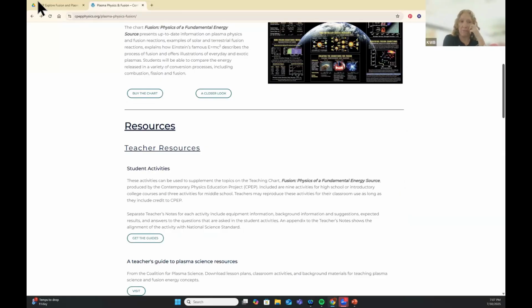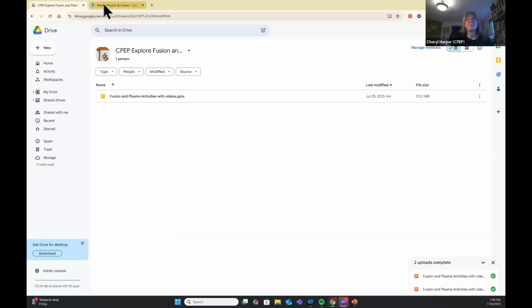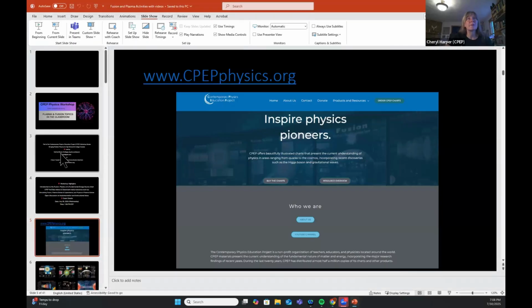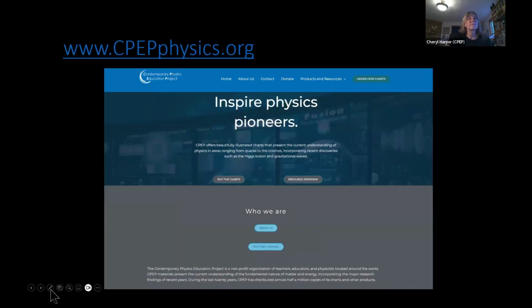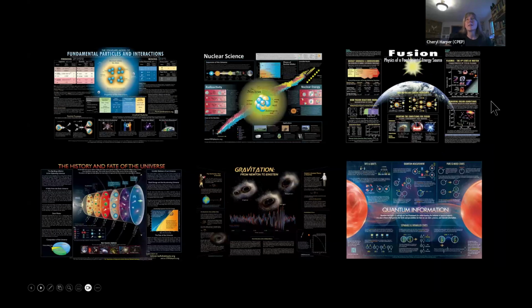Gravitation has just joined us, and quantum has as well. CPEP started out with the fundamental particles and interactions, built onto that with nuclear science. And the third chart was actually fusion.